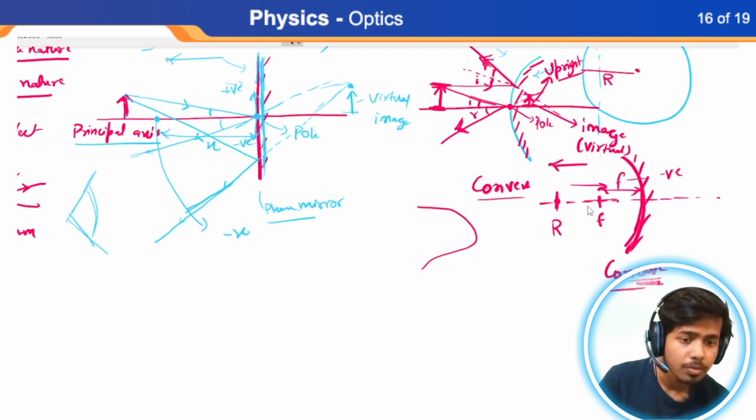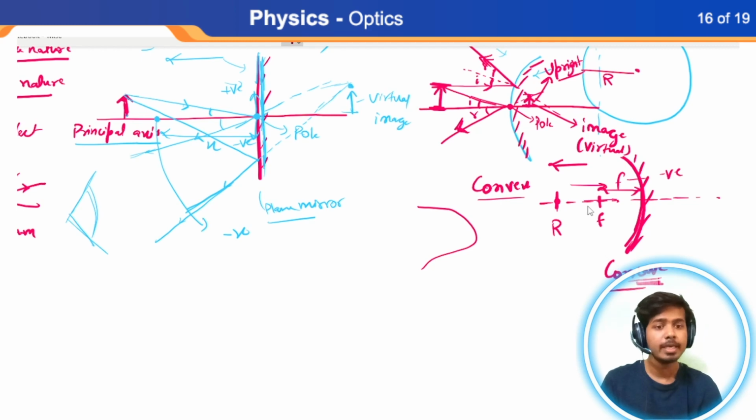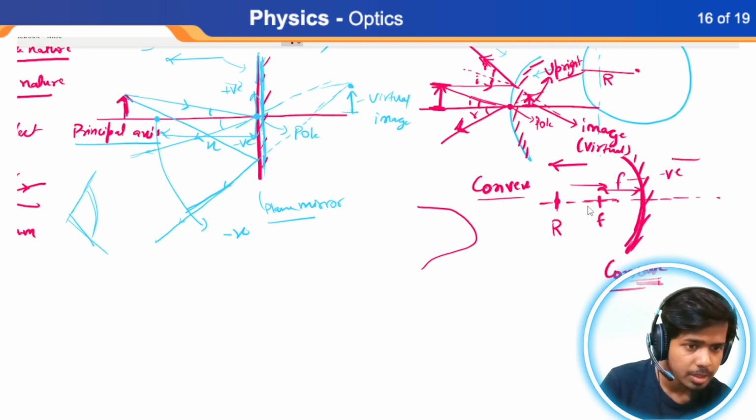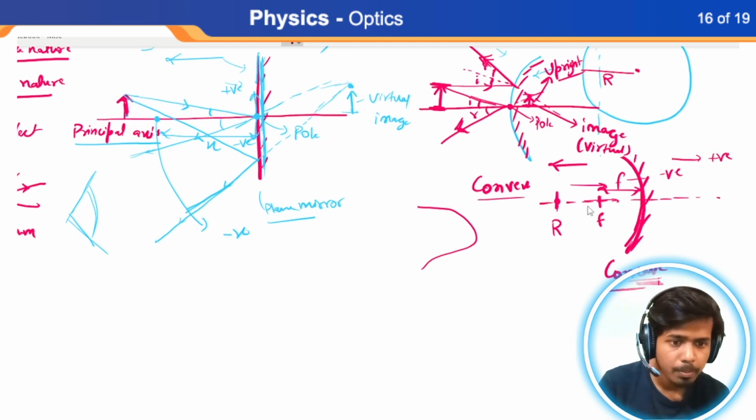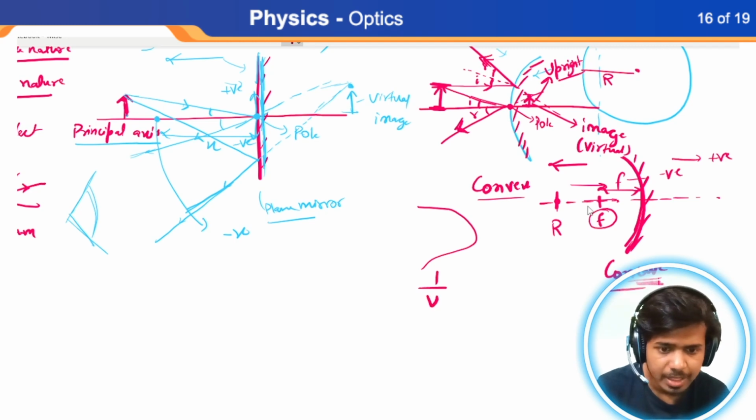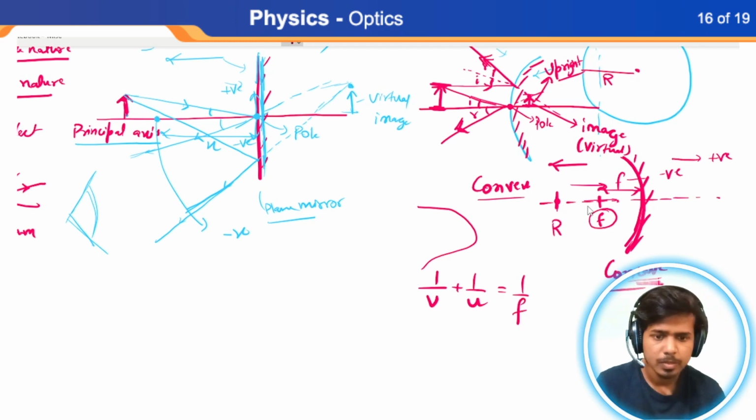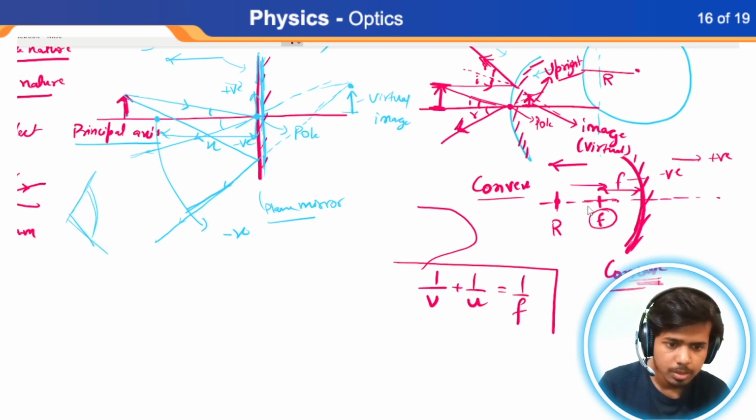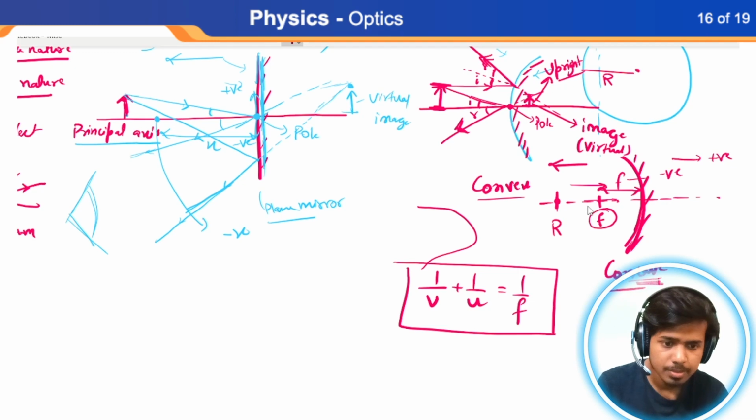The object, wherever the object lies, it is negative. On the other side, it will be positive. Here it is positive direction. So minus f, right? So the basic law is 1 by v plus 1 by u is equal to 1 by f. This is for spherical mirrors.